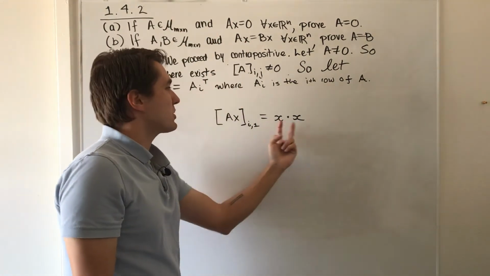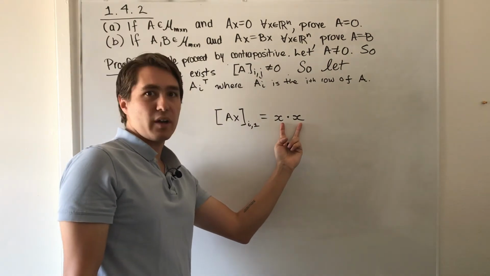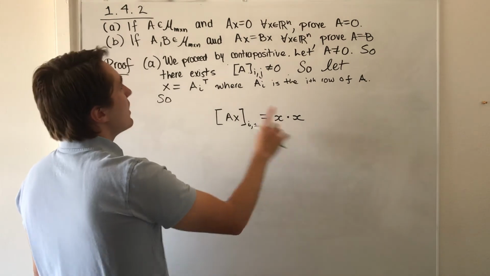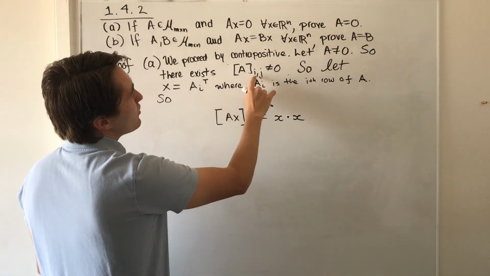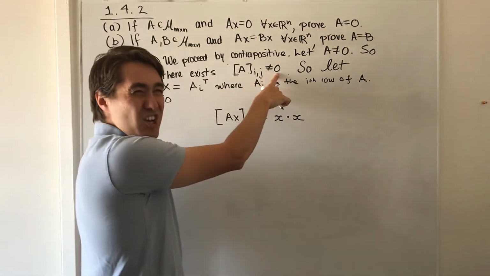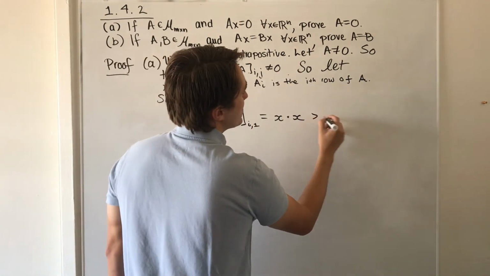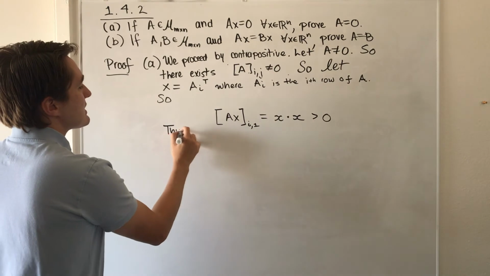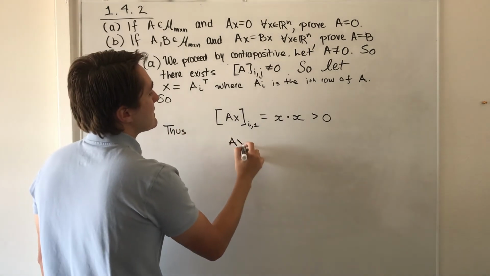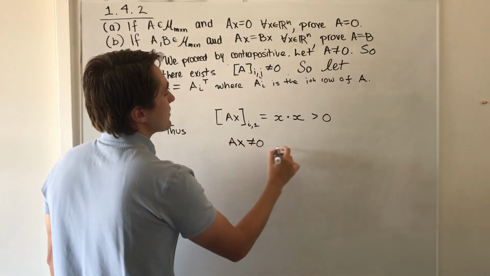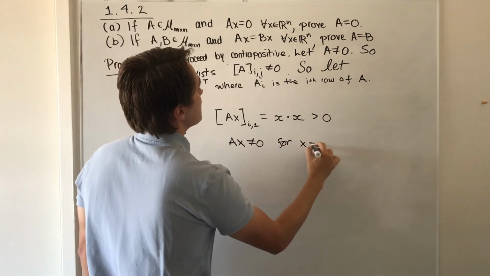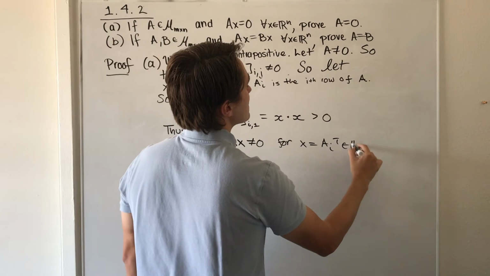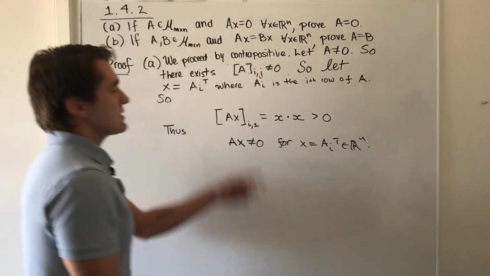So when I do the multiplication, it's really just like doing its dot product with itself, which we know is non-zero because it came from the ith row of A, which we know had a non-zero element, which means it's greater than 0. Thus, Ax does not equal 0 for x equal to the ith row of A, which is an element of Rn.